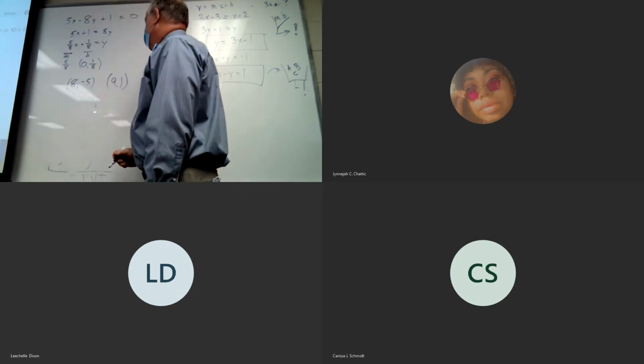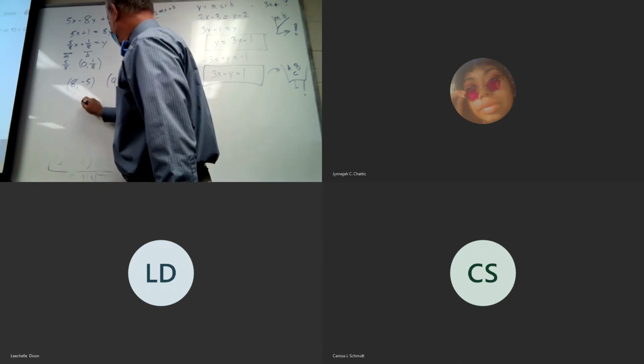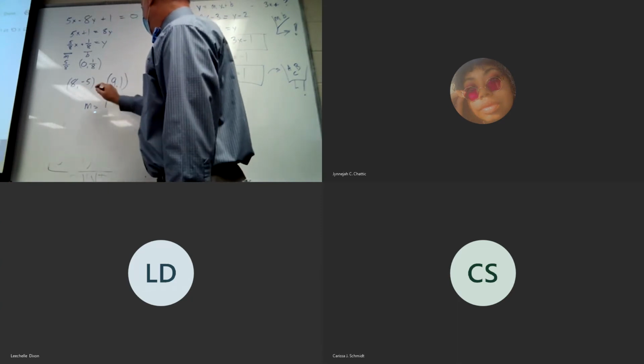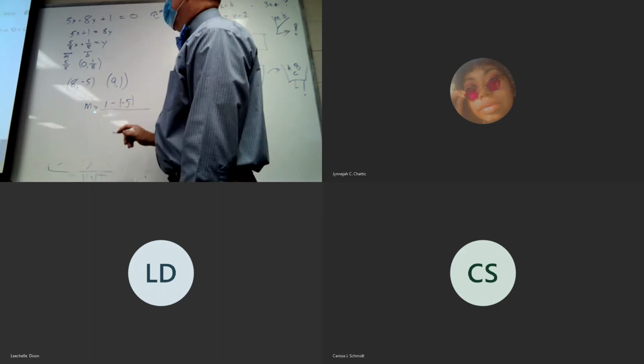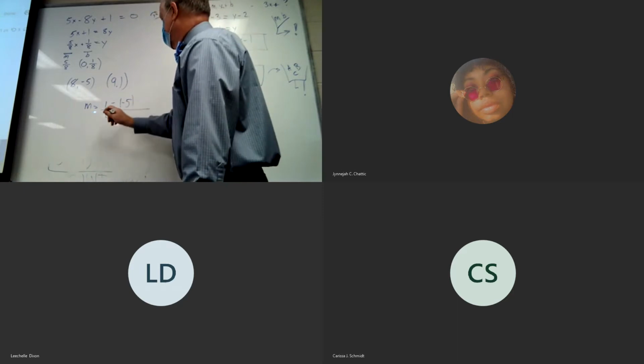All right. y2 minus y1. Let's go: the slope equals y2, which is 1 minus -5, divided by, and be sure to go in the same order, 9 minus 8.